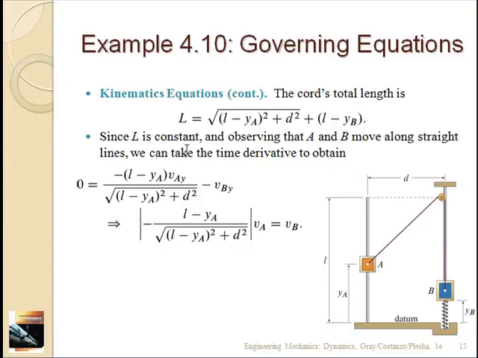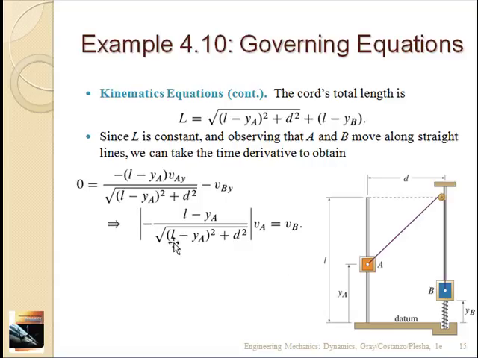And so since L is a constant, we can differentiate this with respect to time. dL/dt is 0, and the derivatives of y_A and y_B are going to be the velocities of block A and B. Okay, so we can write this relationship for the velocities of the two particles.